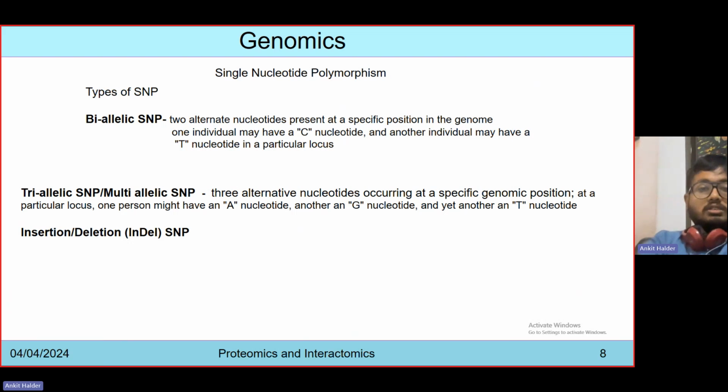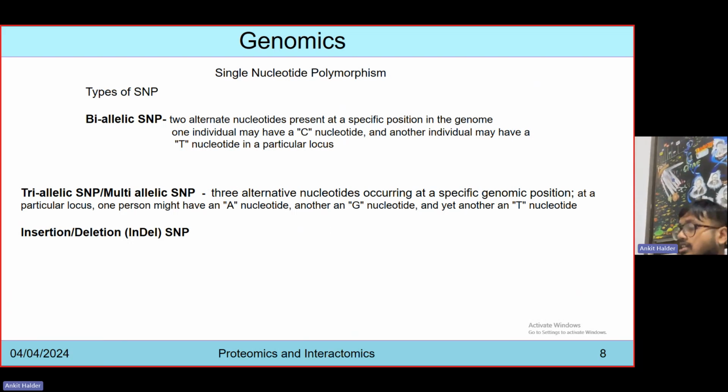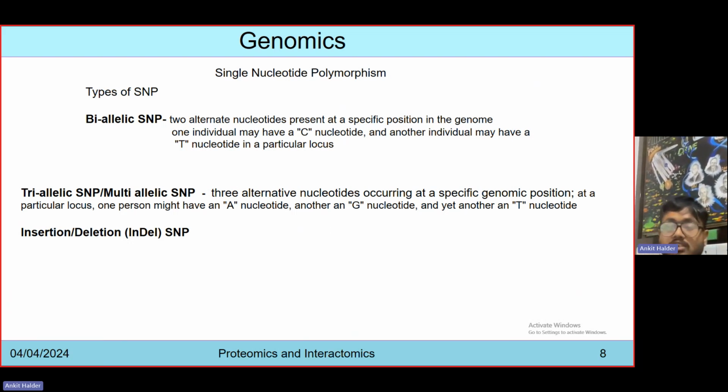The meaning is that biallelic is just at a particular position in a locus on a chromosome in the given sequence. If certain individuals have A and certain individuals have T, or C and T, only two varieties are present.